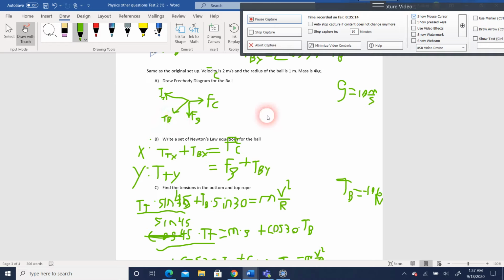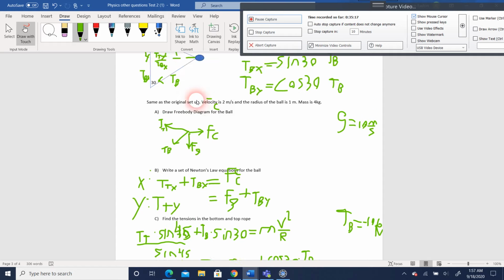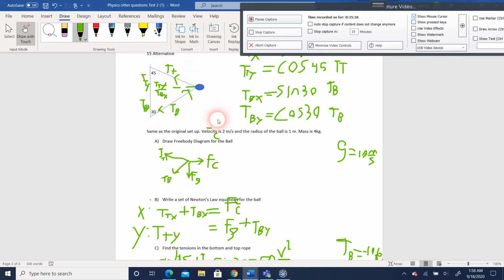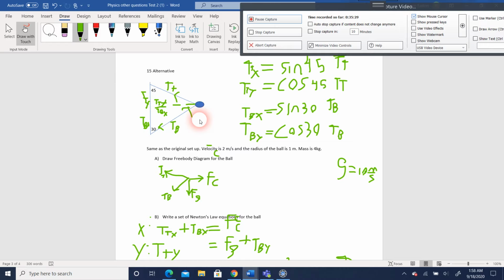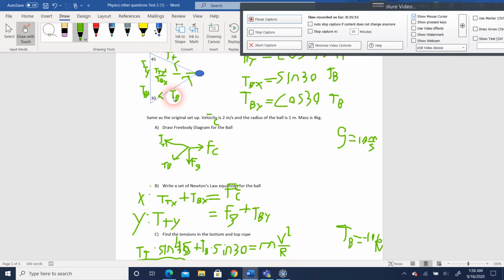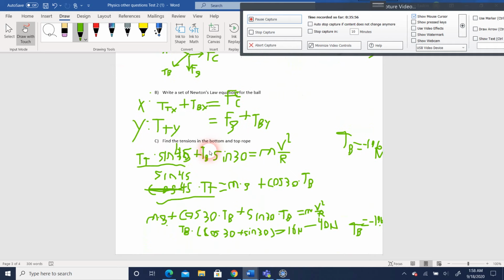In truth, the rope is pushing out this way, which is why when we had to go this way, it was negative. So if you have a force that's negative, it likely means that you had it going in the wrong direction on the free body diagram. That being said, I don't think you will lose points for it, as long as you keep it negative and it is consistent with your equations. So that's just my thought on that.